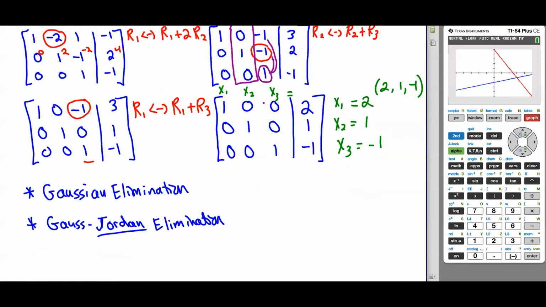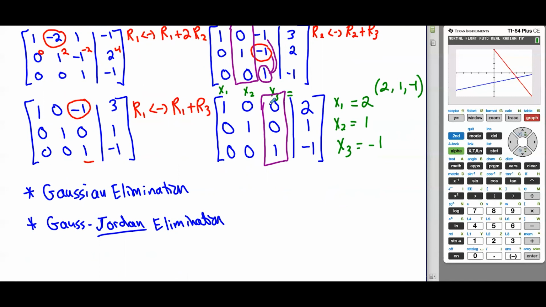And it took 2 steps, and we got that column to look like this, 0, 0, 1. And if you can get it to look like this, then you get one solution, and that is a unique solution. This is a one solution where all these things are intersecting at a single point. And that is Gaussian elimination or Gauss-Jordan elimination.